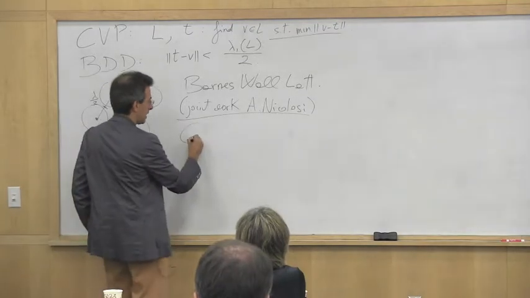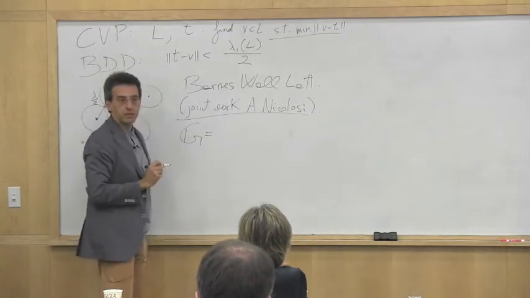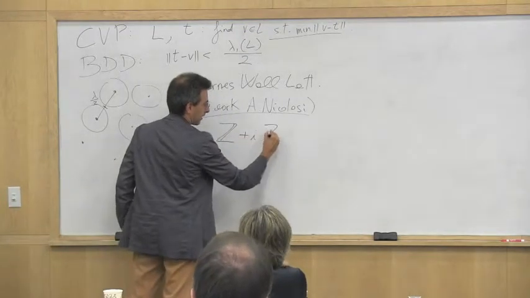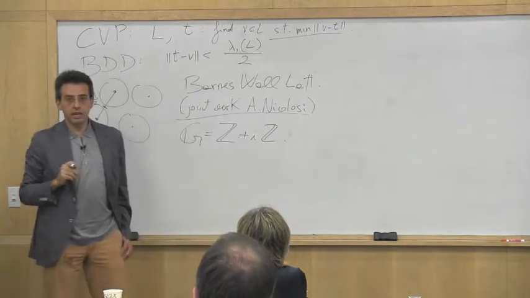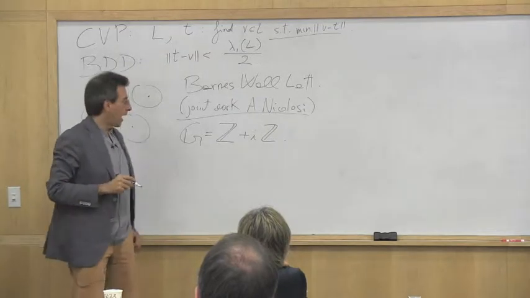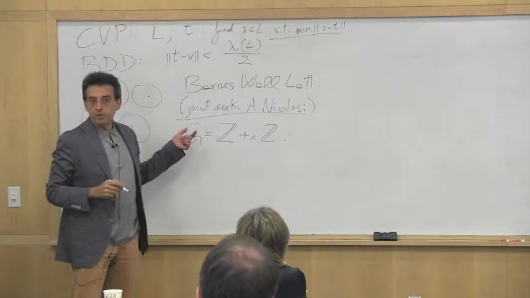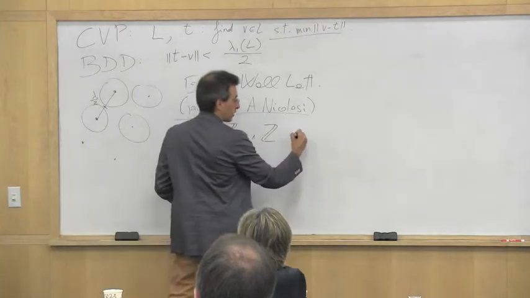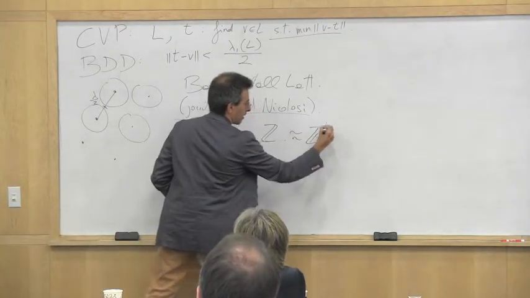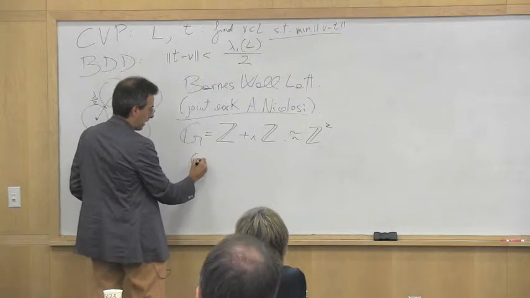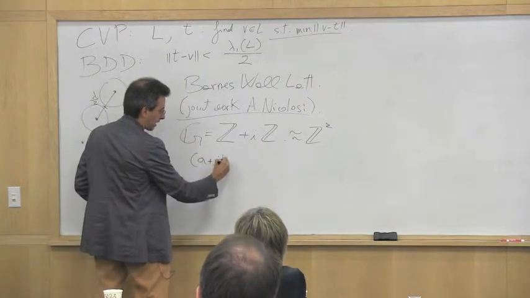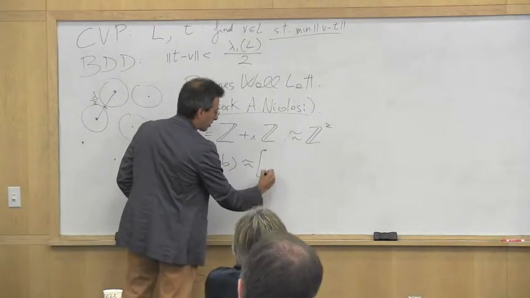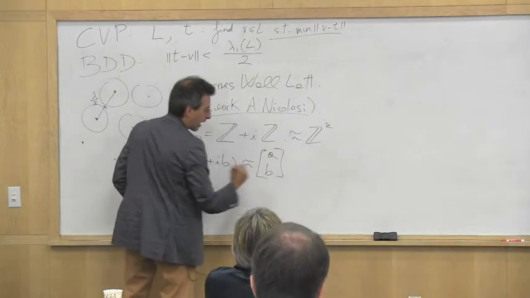So we take the set G of Gaussian integers, that is the set of z plus iz, where i is the imaginary unit. And so you can think of the elements of G as two-dimensional integer vectors. So this is just the same as Z squared, where the complex number a plus ib is identified with a two-dimensional vector (a, b).